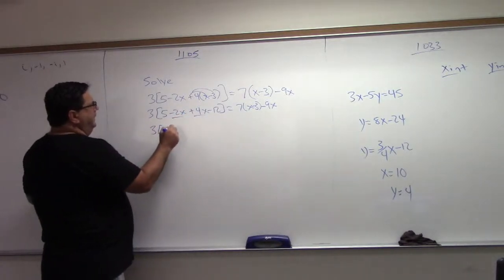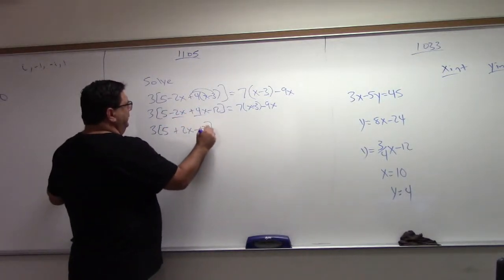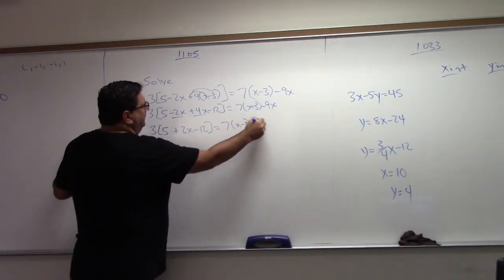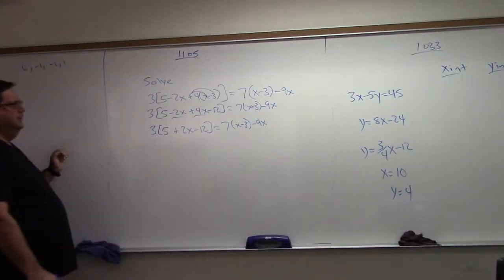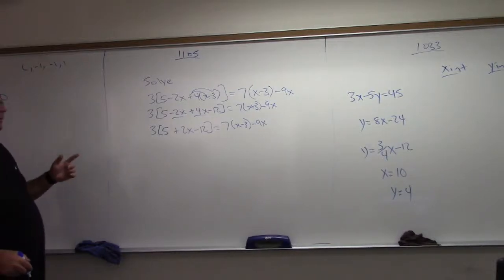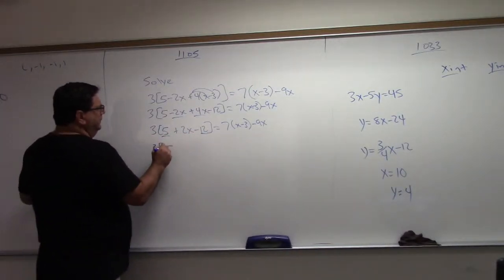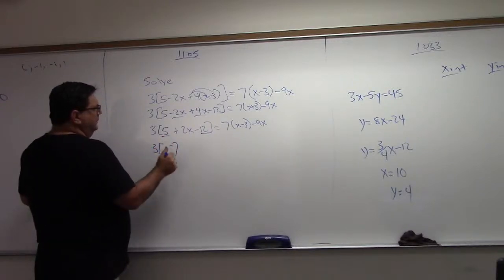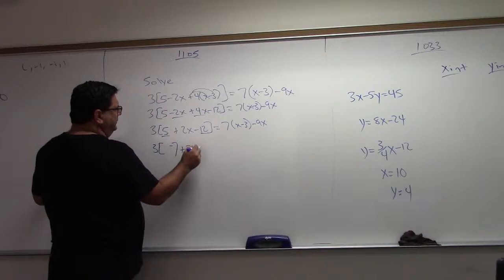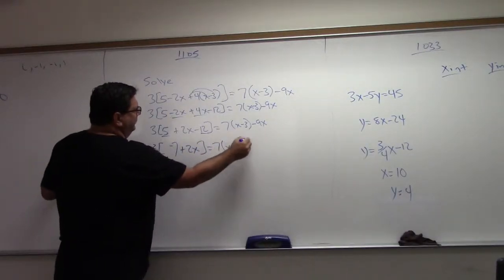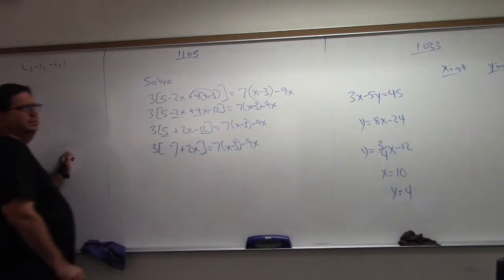We got 3 times 5 plus 2x minus 12 equals 7x minus 3 minus 9x. Do we agree? Now we want to combine like terms here. So we got 3, negative 7 plus 2x equals 7x minus 3 minus 9x.